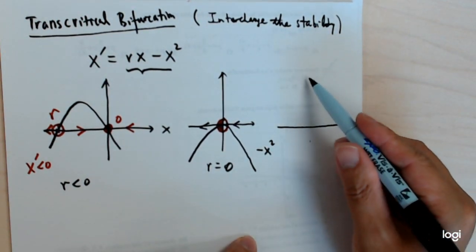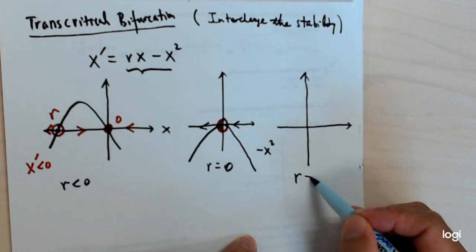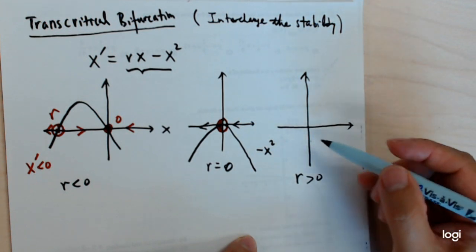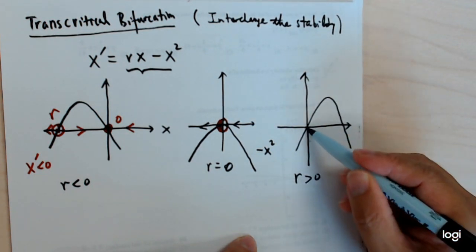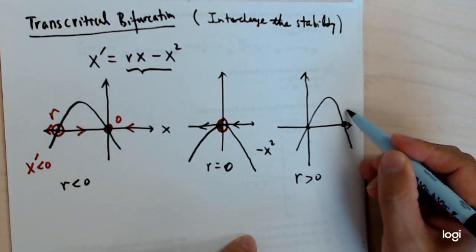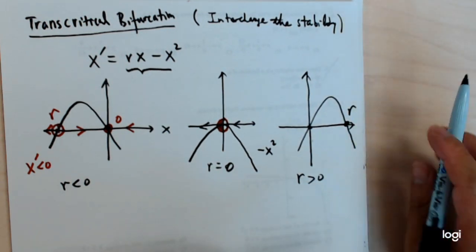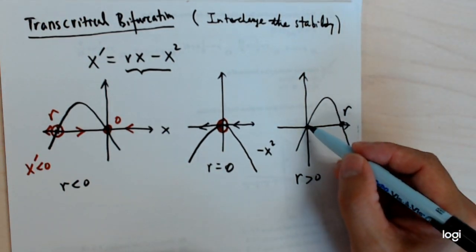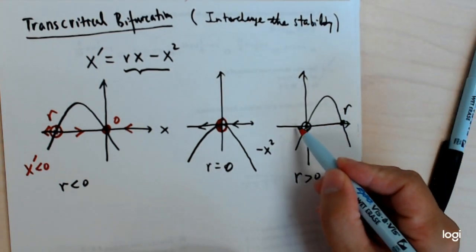And now when r crosses this threshold to the positive region, there are two equilibria. One is still at 0, but the other one is positive. Similarly, 0 becomes unstable.